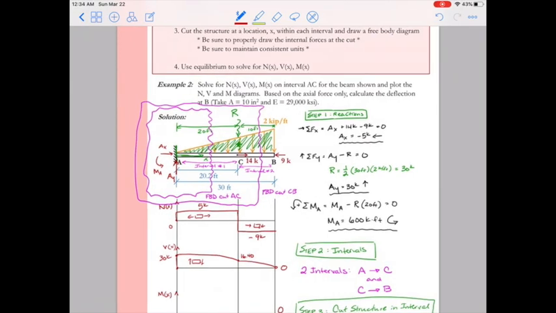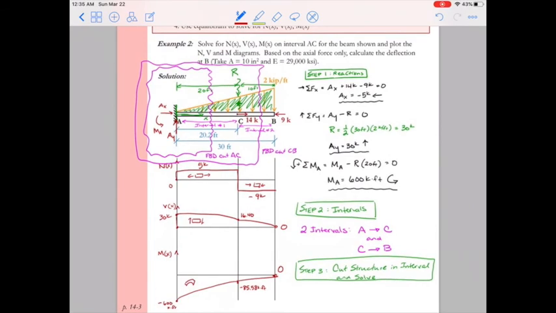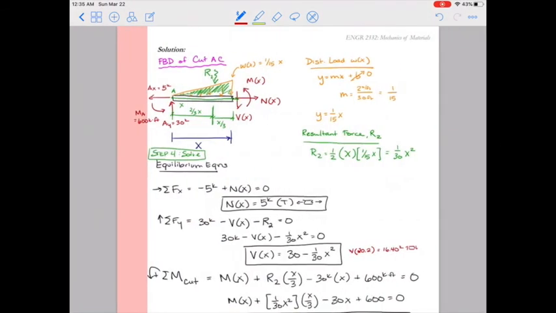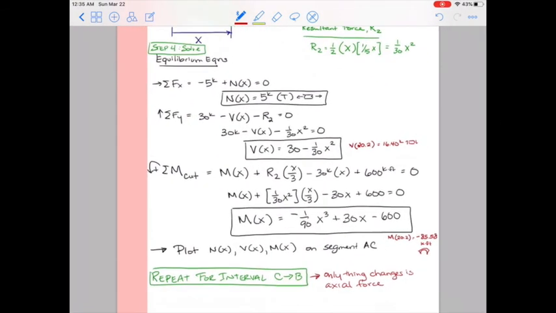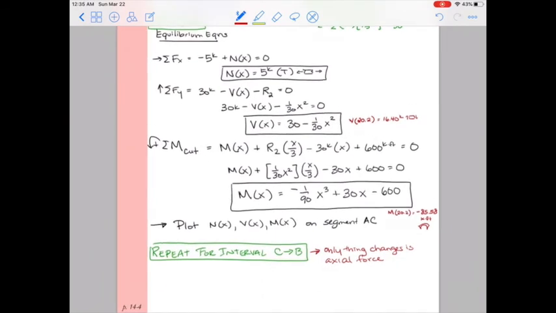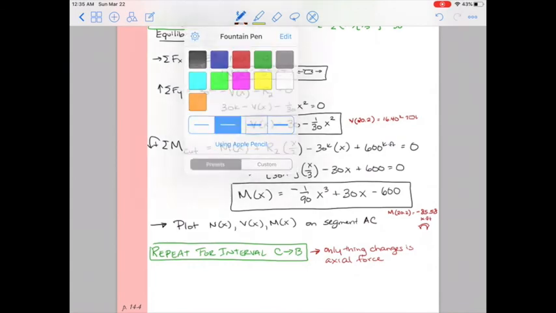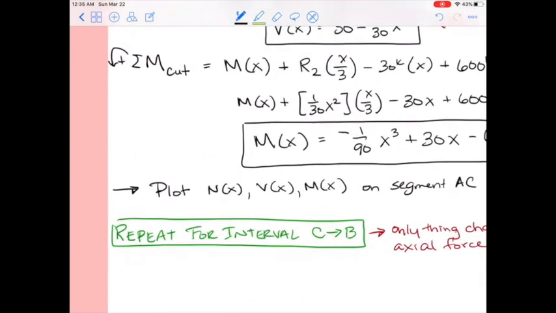The final part of the problem asked us to just use the axial force to calculate the deflection at B. So basically we're looking for the axial deflection at B. This is a good review from the very beginning of our mechanics of materials class. Just remember using our PL over EA equation.